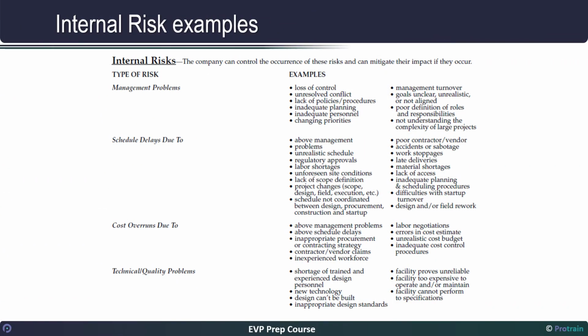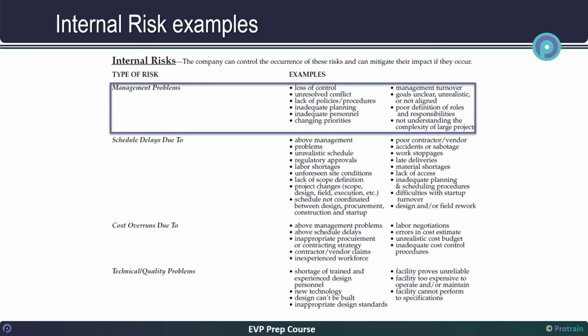As discussed earlier, internal risks are those risks whose occurrences and impact can be controlled by the project team. Let's review the types and examples of internal risks. First, type of internal risks to a project can be management problems.